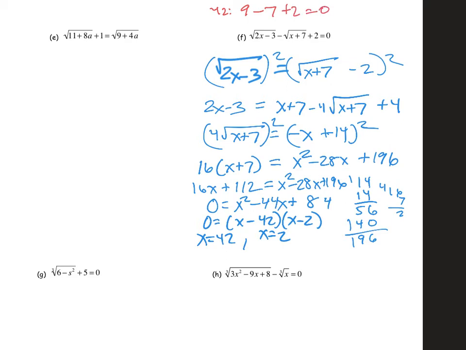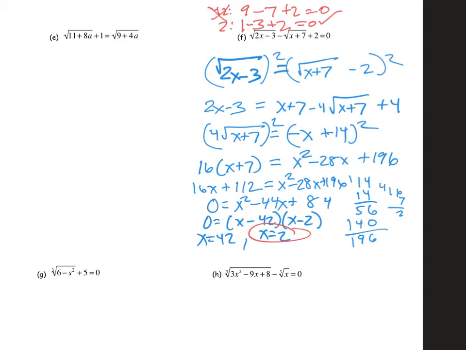Does that equal 0? That would be a no. Now let's try the 2. If I plug in 2, I get the square root of 4 minus 3, or the square root of 1, which is 1, minus the square root of 9, which is 3, plus 2, which indeed equals 0. So x equals 2 is my only solution there.